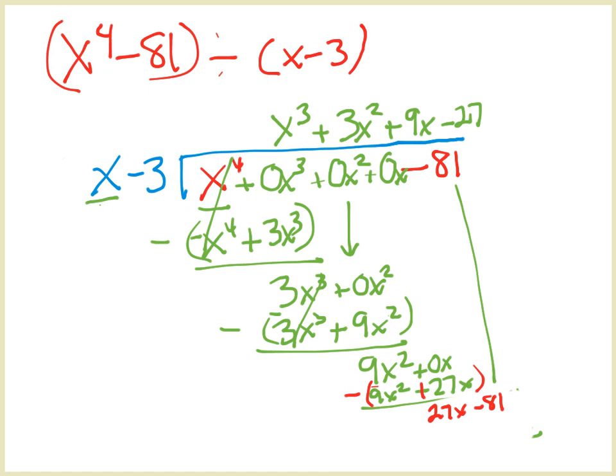So what I have to multiply that last term by is positive 27, and what I get is 27x minus 81, but I have to subtract the whole thing, so that makes that positive and that negative. These cancel out, and we are left with 0.